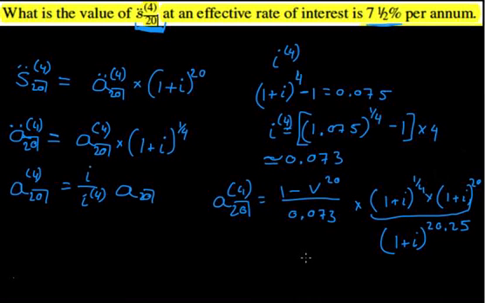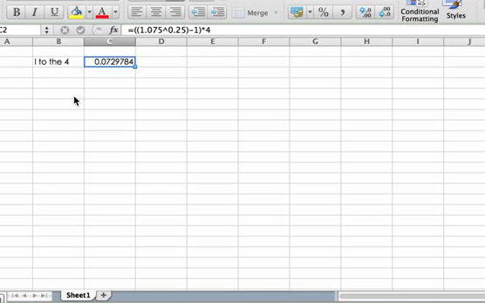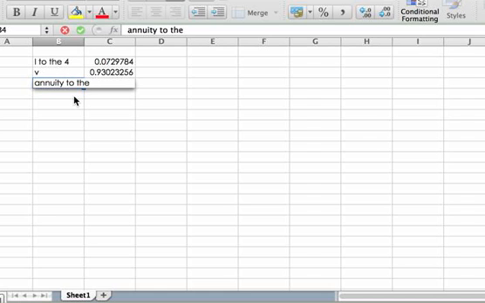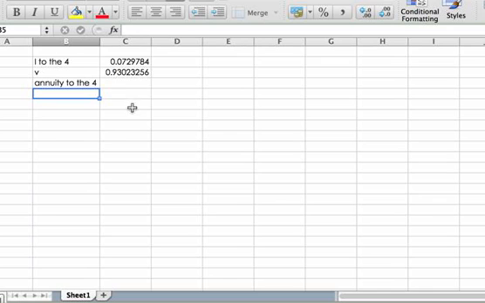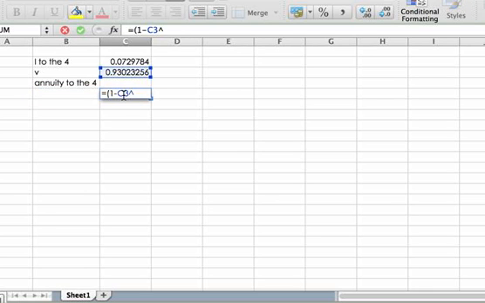So let's just work that out. So let's find out what V is equal to. So that's equal to 1 divided by 1.075. So 1 divided by 1 plus I, that's V. And so the annuity to the 4 is equal to 1 minus V to the N, which is 20, divided by I to the 4.